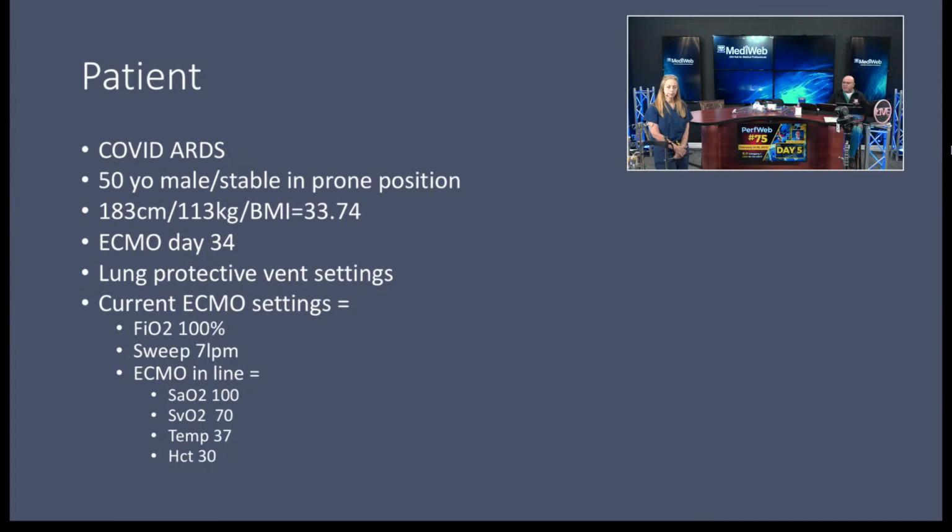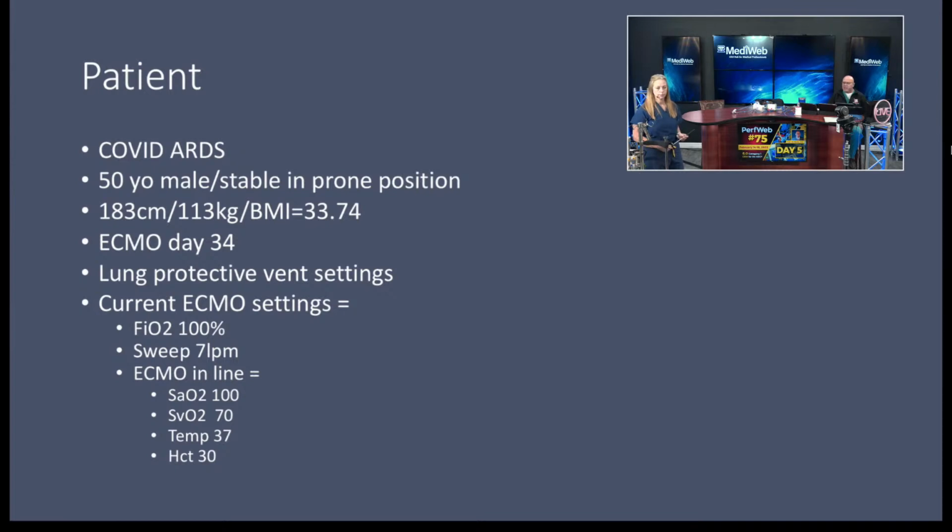This is a 50-year-old male. The patient is stable on ECMO and currently in prone position. You're not using a rotaprone, you're doing it manually. Patient is 183 centimeters, 113 kilos with a BMI of 33.74.